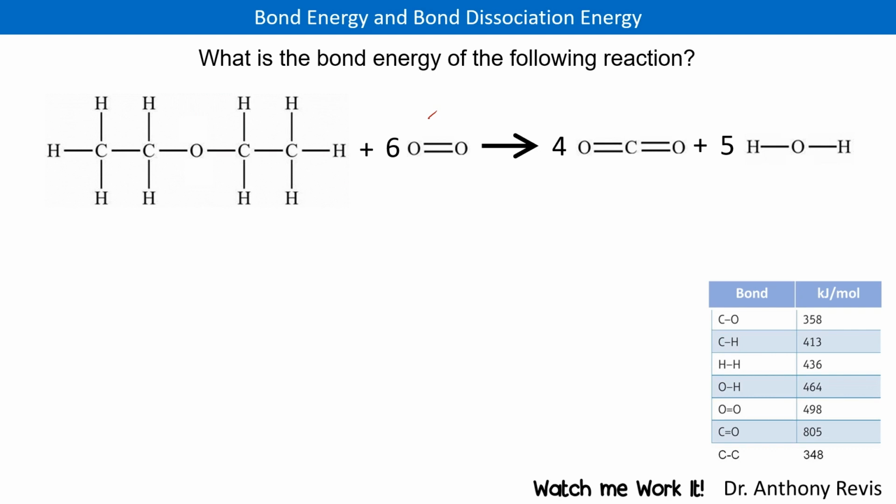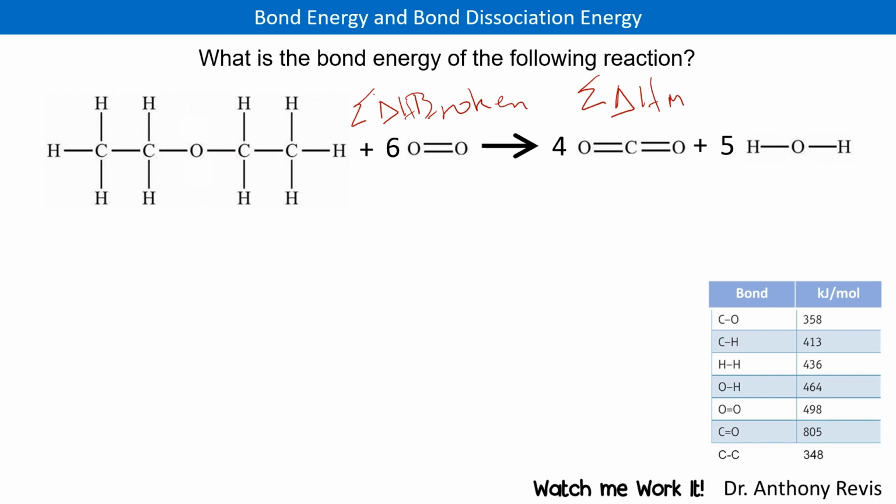It's going to be bonds broken. So this is going to be the sum of all the bonds broken minus the sum of all the bonds we produce or we make.